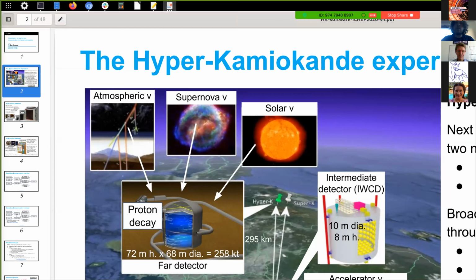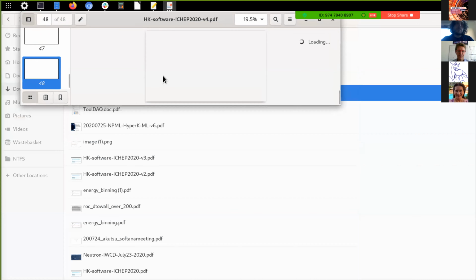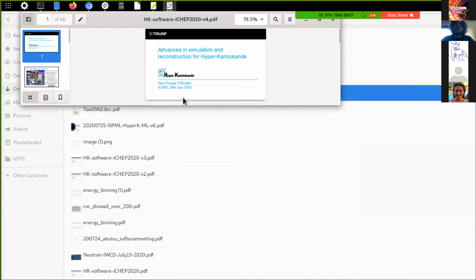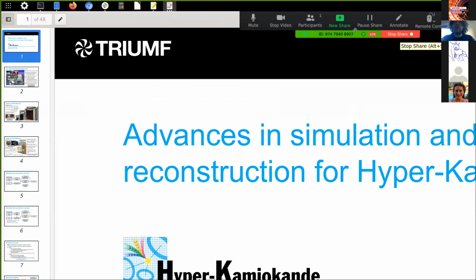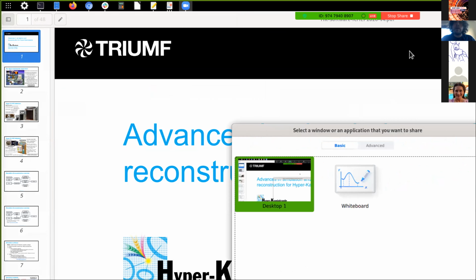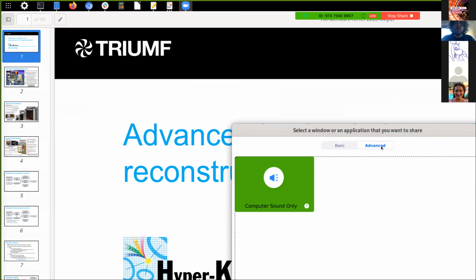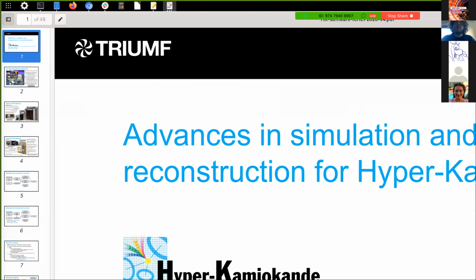We do see the screen, but it's again clipped pretty much the way it was before. That's interesting. Can you just share the browser window and not the whole desktop? Or the PDF viewer? When I choose to screen share, it seems to only give me the option of the full desktop or whiteboard. Okay. I could try and resize the window to fit it.